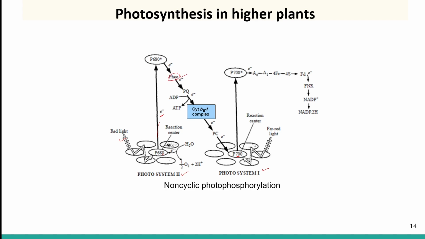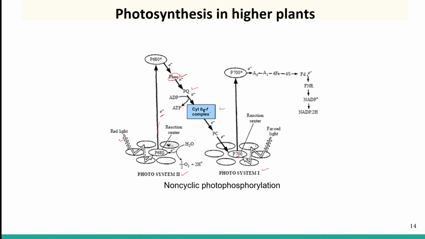This is pheophytin. Then the electrons are transferred from one molecule to the other, and like I've already said, the electrons are transferred from a molecule having low reduction potential to a molecule with high reduction potential. Here the primary acceptor pheophytin transfers the electron to plastoquinone.